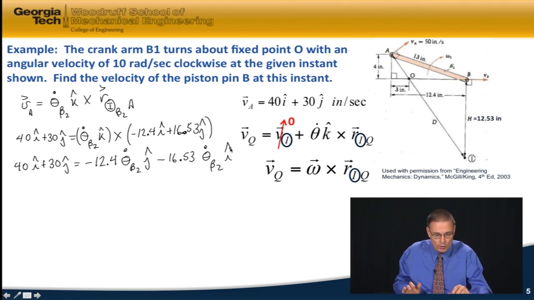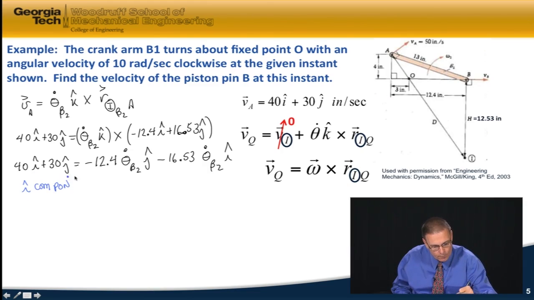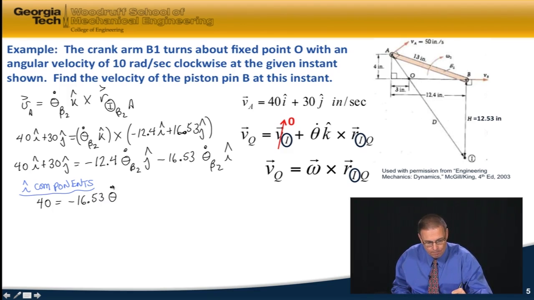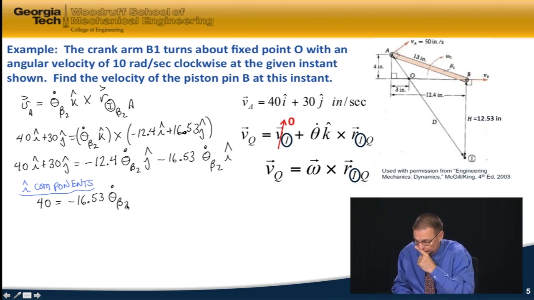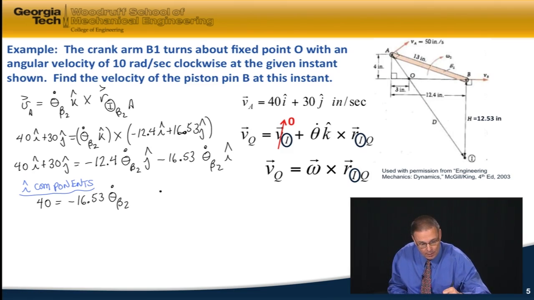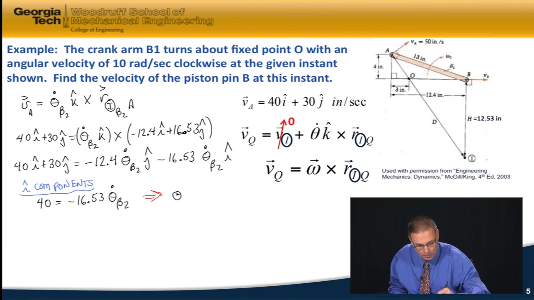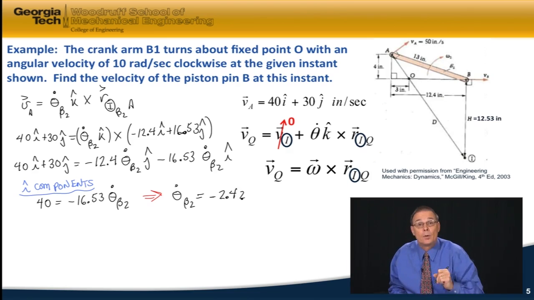Now I can match components and solve for the unknown, which is theta dot B2. I'll match I components. When I do that, I've got 40 equals minus 16.53 theta dot B2, or theta dot B2 equals minus 2.42, just as we found with the relative velocity equation.